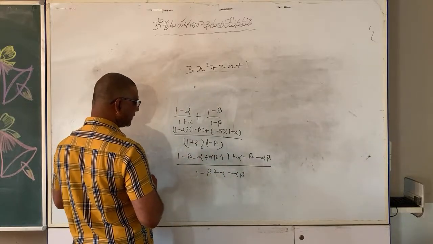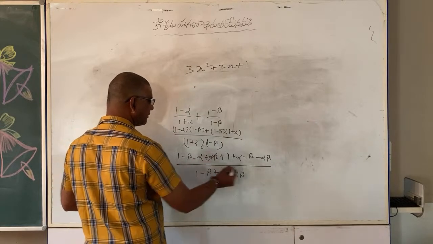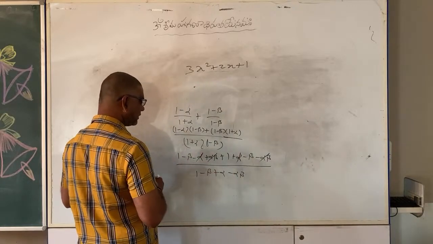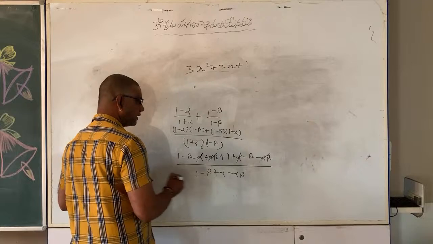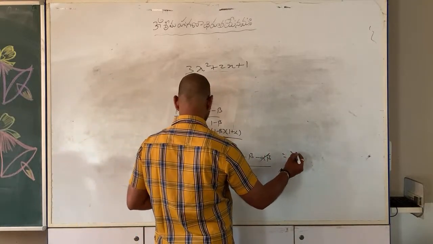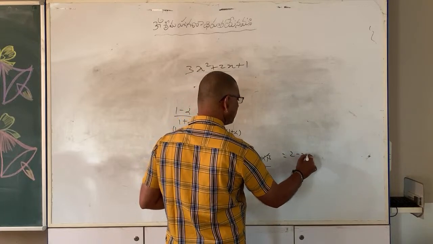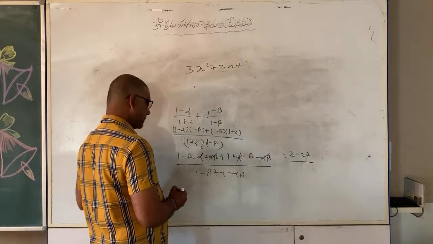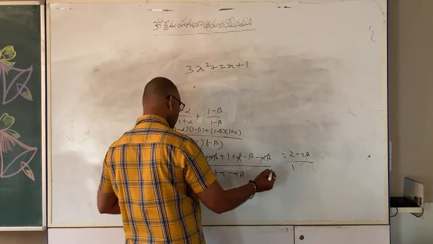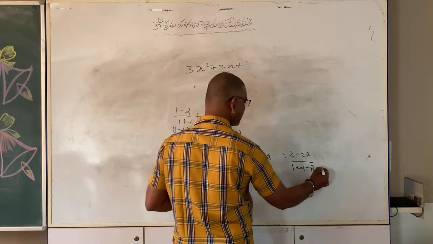So what will you get here? Plus alpha beta, this gets cancelled. These two get cancelled. What is remaining? 2 minus 2 beta by 1 plus alpha minus beta minus alpha beta.